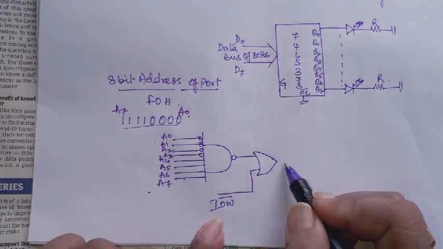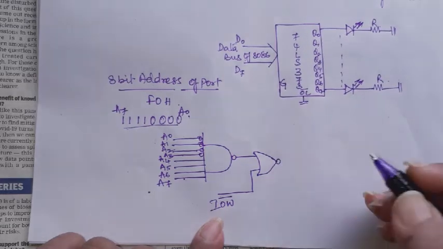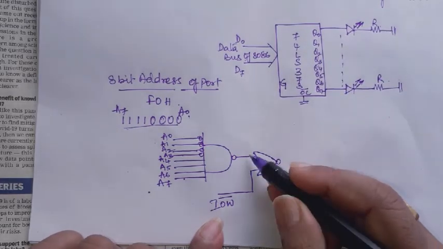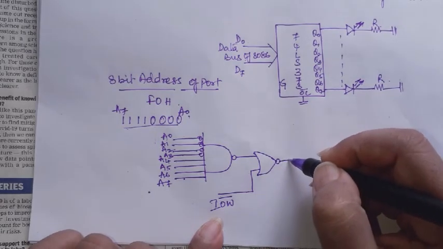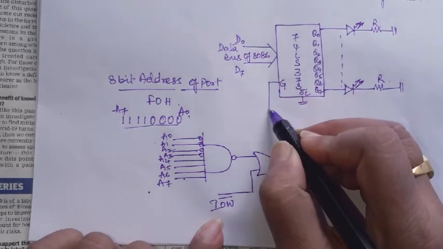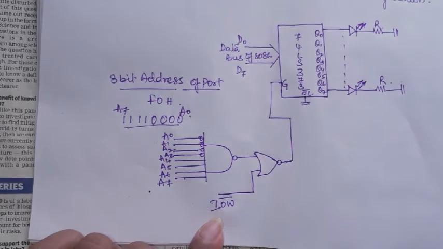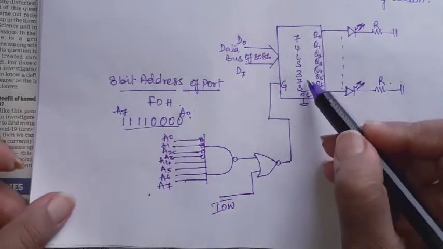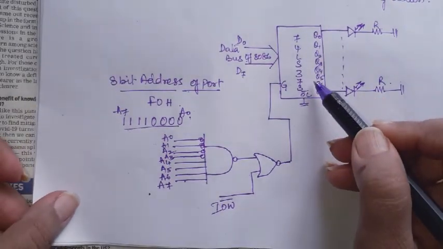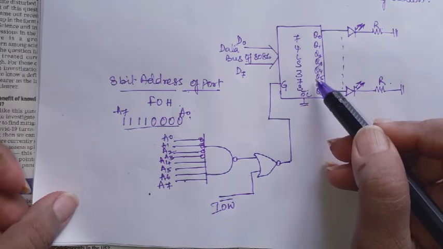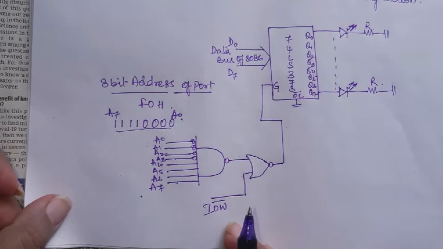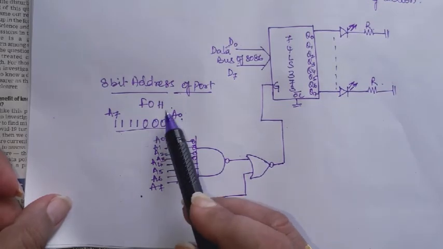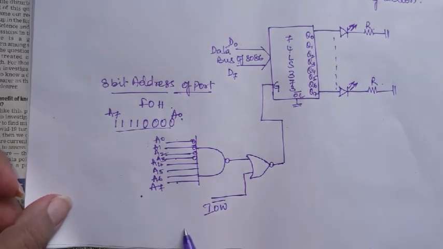But I want high, so I can take a NOR gate here. So when these two are low, the output will be high, which is connected to the enable pin of this chip. Okay, so this is how we can do the decoding logic for the taken address.